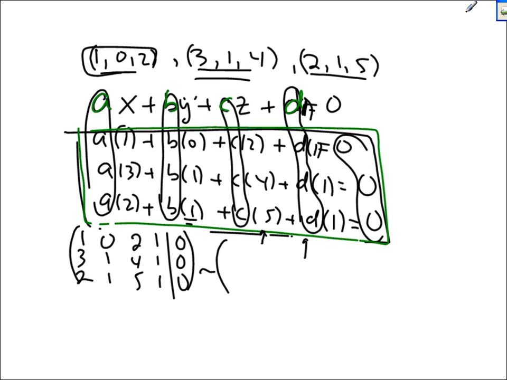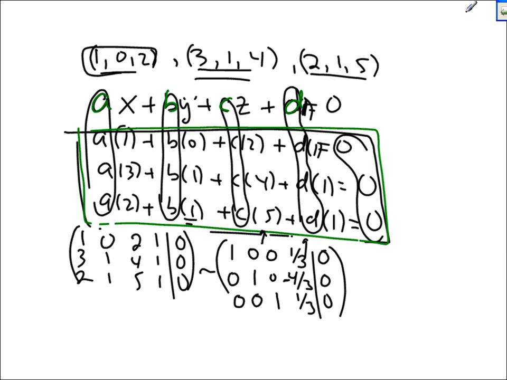If I didn't make any silly mistakes, it reduced to 1, 0, 0, 1/3, 0, 0, 1, 0, negative 4/3, 0, 0, 0, 1, 1/3, 0. Okay. Now, I need some space above the matrix, so let's get rid of this for now.